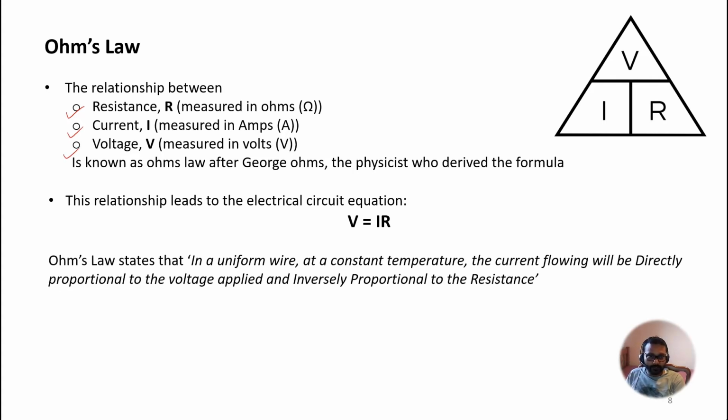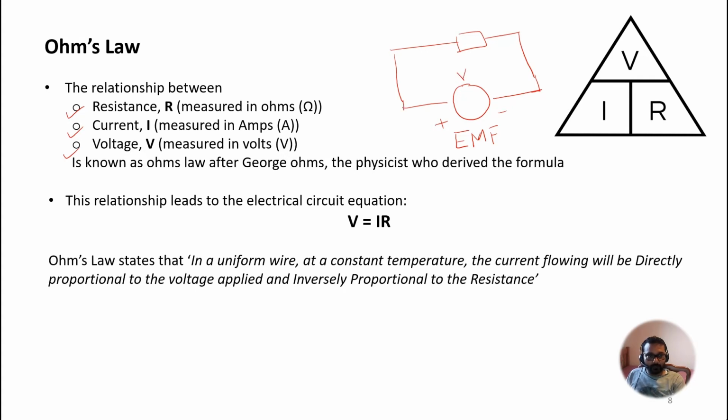In a general circuit you might have some resistances, some opposition in the flow of current. You might have a voltage source, where we have applied some electromotive force whose unit is volts.